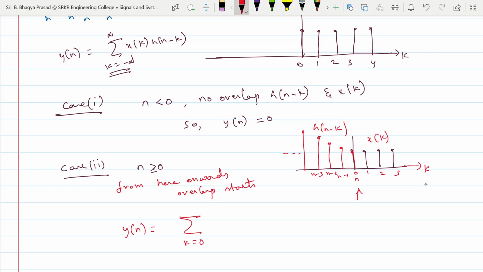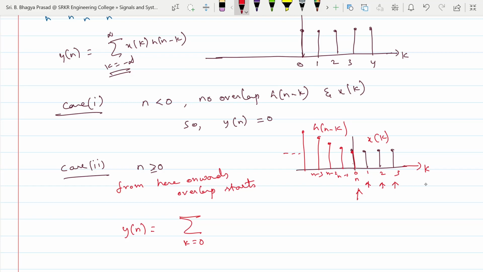If you go for another shift, this h of n minus k, this n value will be at the position here, and for another shift the position will be here, and for another shift here. So as you move on by shift, by changing the k value step by step, the overlapping of different samples will increase.